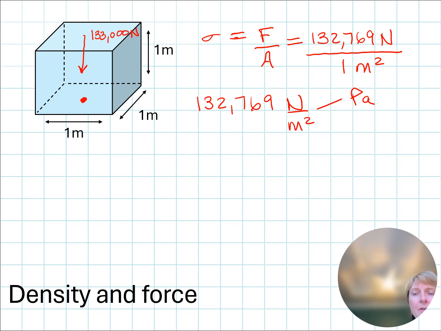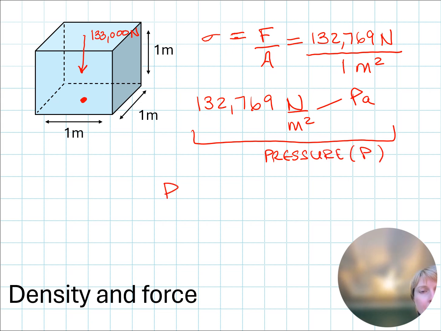And remember that we give the normal stress that derives from the weight of a fluid a special name, and that special name is the pressure. So in this case, I can say that the pressure of this 1 cubic meter volume of mercury on the bottom of this cube is 132,769 pascals of pressure.